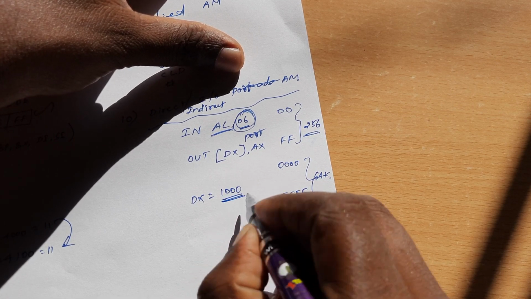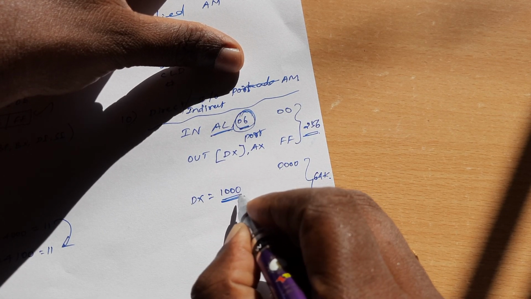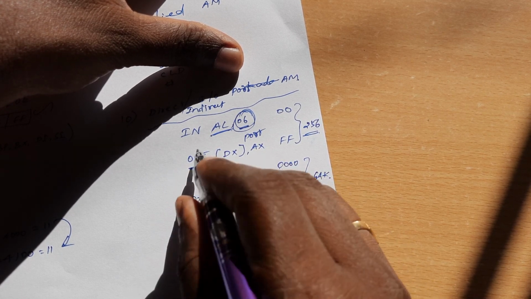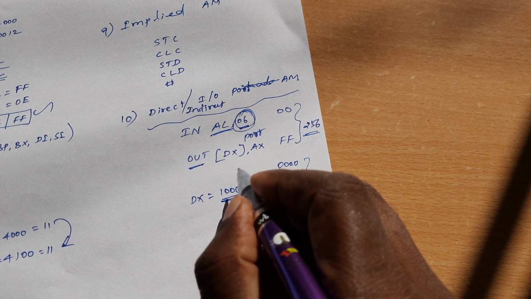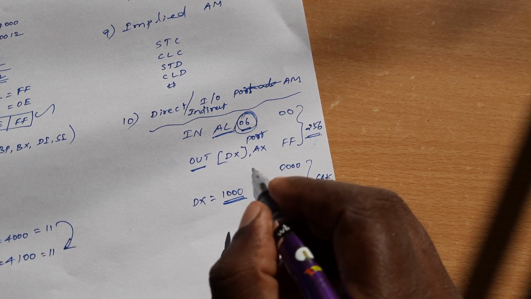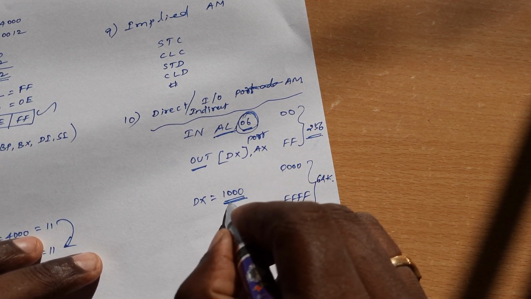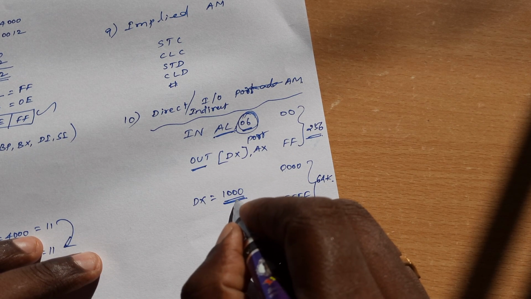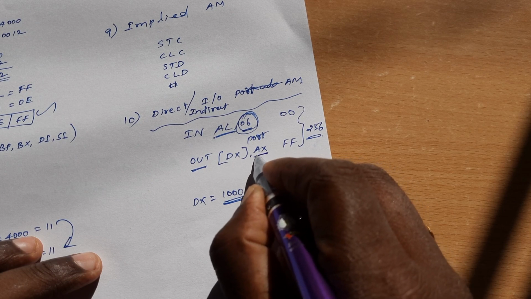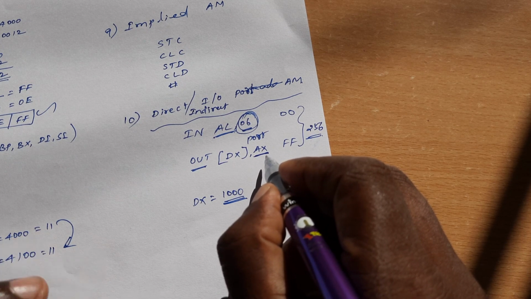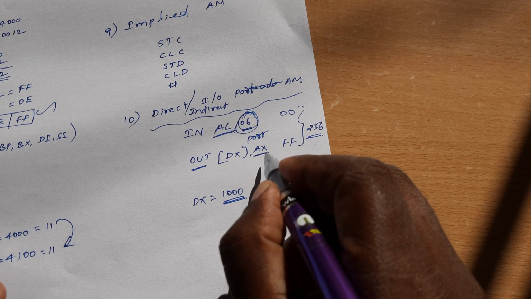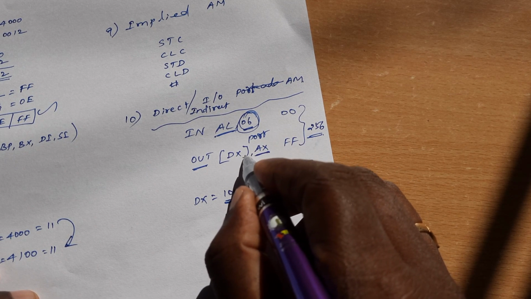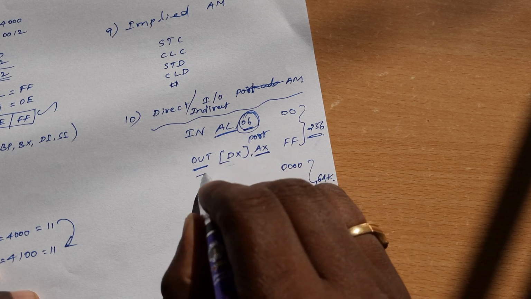This 1000 is not a memory location, it is the address of an output device, because we use the OUT instruction. We need to use the OUT instruction to send data to the output device, right? So this is actually not data or the address of a memory location, it is the output device address. So the AX is a 16-bit register. So here the 16-bit value is moved from the AX register to the output device addressed by DX. This is memory mapped IO.